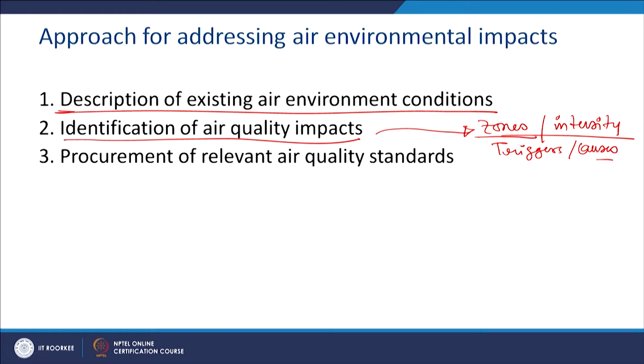Then procurement of relevant air quality standards. It is possible to procure the relevant air quality standards and equipment, so that you can compare the data and take the actual real time data in a more refined, more realistic manner, and you can compare with the standards and assess what the level of pollution in your city is.